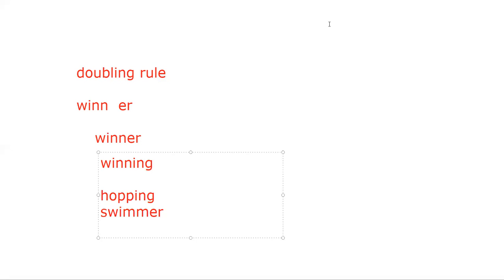Now suppose you have, now we will do the rule for the plurals, where if the word ends with S or SH or CH or X, or Z, then you have to add ES to make it plural.